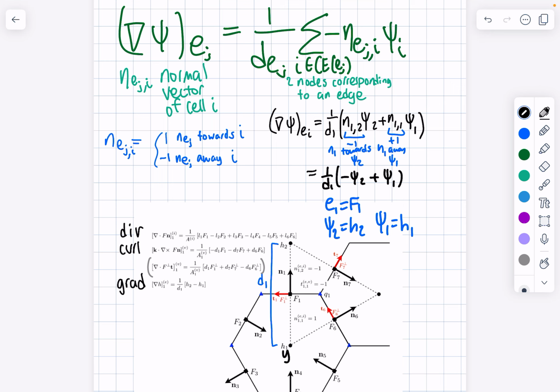This is phi1. It's the value here. C1, C2. If we talk about C2, phi2 is here. N is pointing towards it, so N is -1, but it's negative of it, so our contribution will be positive.